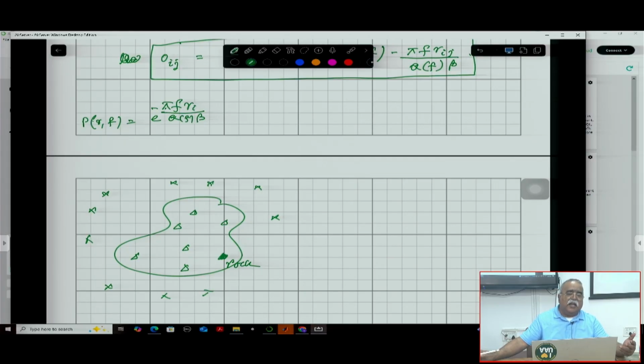Sometimes the rock site has not been recorded, but another site has been recorded. Sometimes only the rock site is recorded. So these are all possibilities, right?